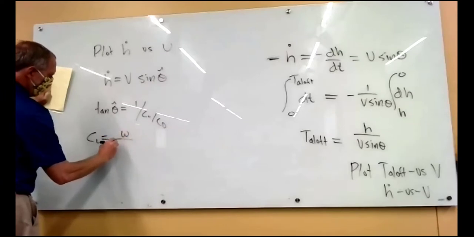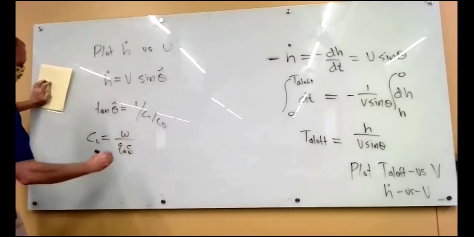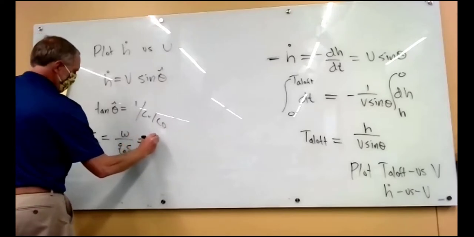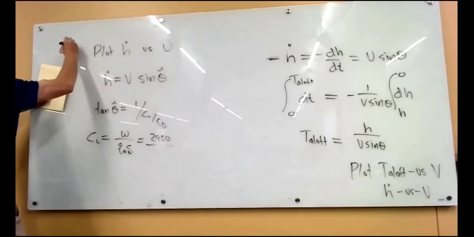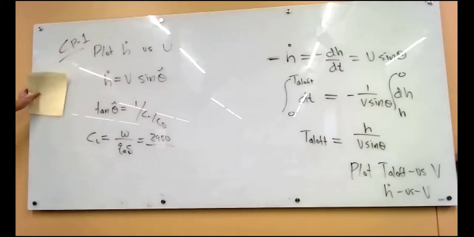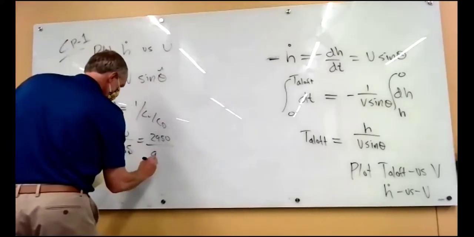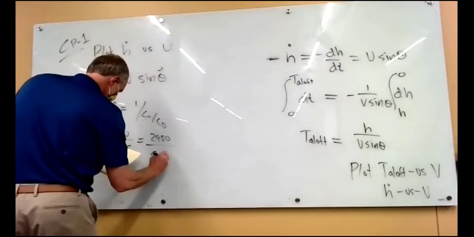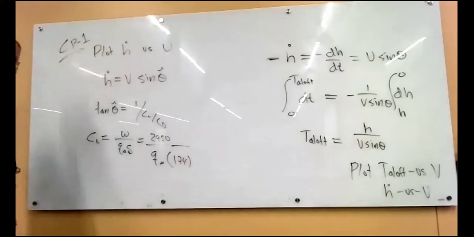It's weight divided by Q infinity S. Oh, by the way, we're doing this for that Cessna piston engine jet. So we're pulling the data from the book for that. There's the weight. We're going to calculate Q infinity, and the area is 174.